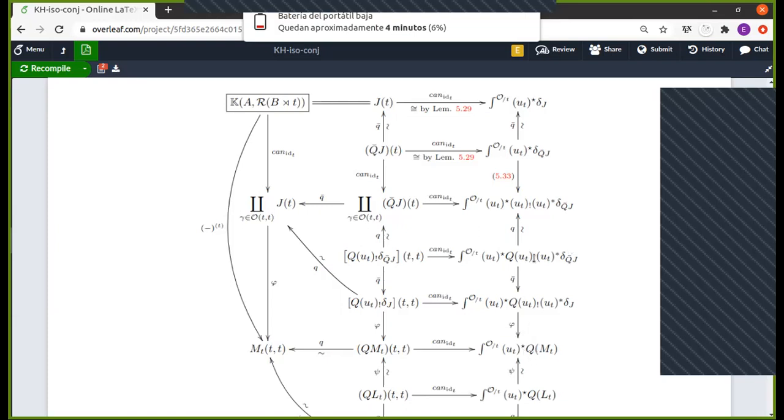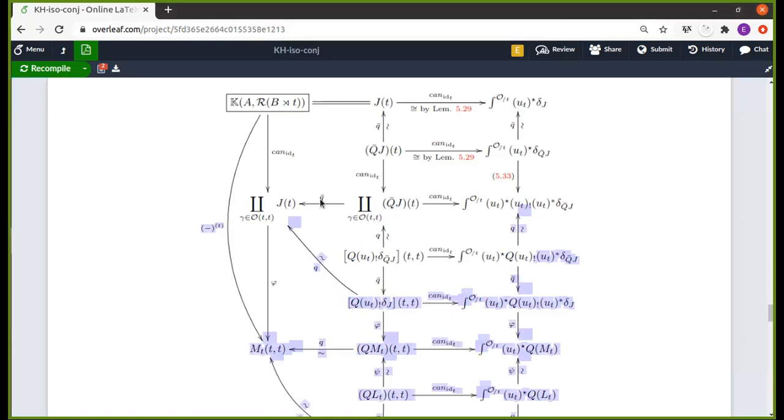And moreover, you have to show that this functor, sorry, my computer, I'm not connected to that.